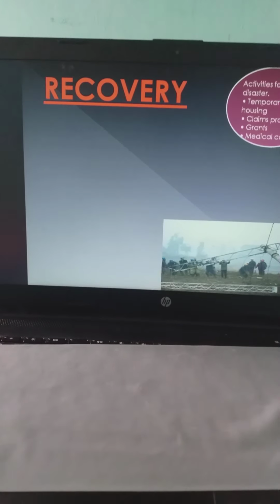The third part is recovery. Recovery is actually after a disaster, following a disaster. We need to give some temporary housing claims because lots of houses are damaged. If it is a pandemic, then they need hospitals, grants, medical care.